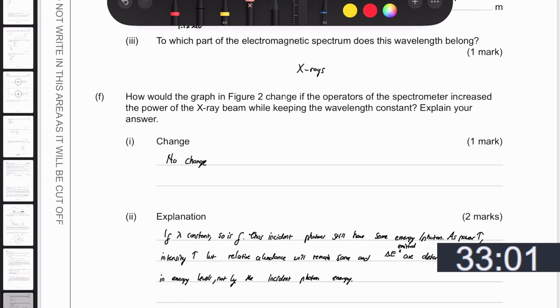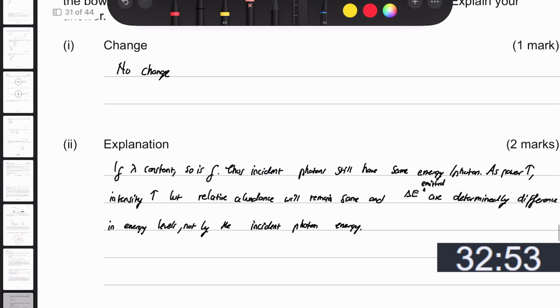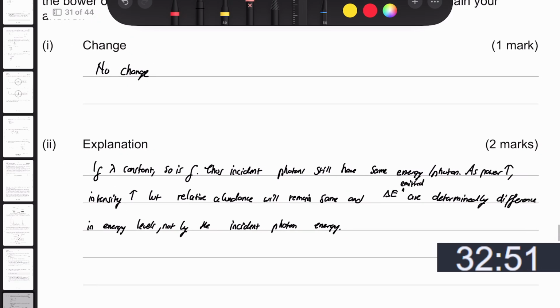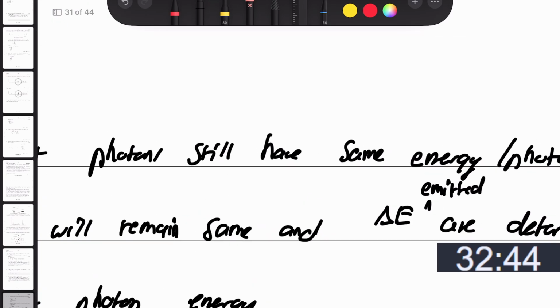Even if you change the wavelength, that means your frequency would have to increase. That wouldn't change anything, would it? So it's proportional.